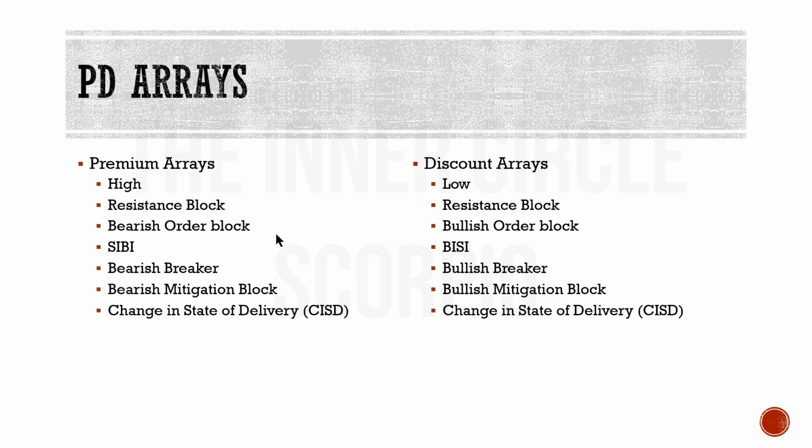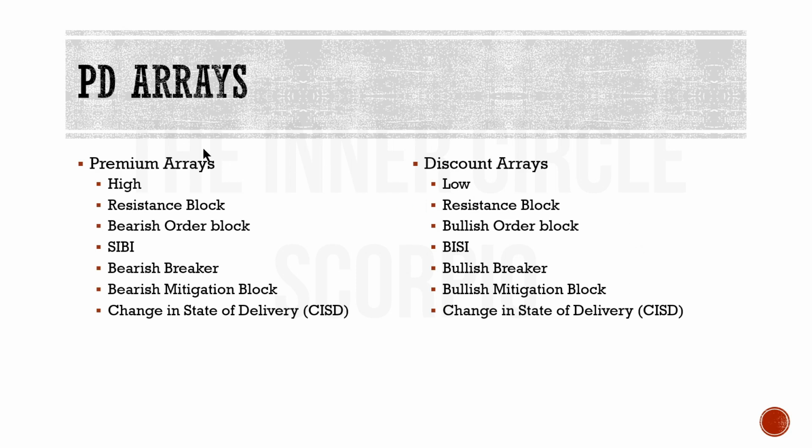The first thing you will notice by looking at them is that they are almost similar. Why? Because the price, when it goes up or goes down, moves similarly. The only difference is that when it goes down, it's already in a premium and it goes into a discount. And when it goes up, it's already in a discount and it goes into a premium.